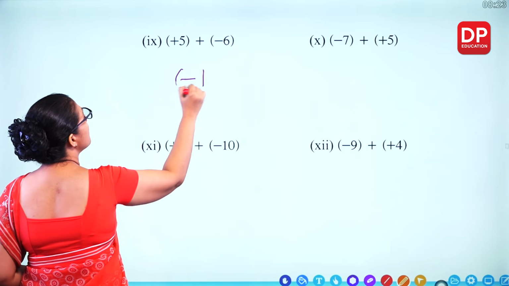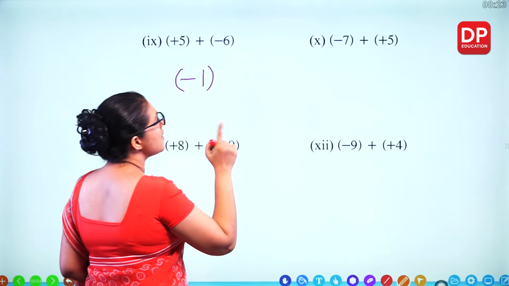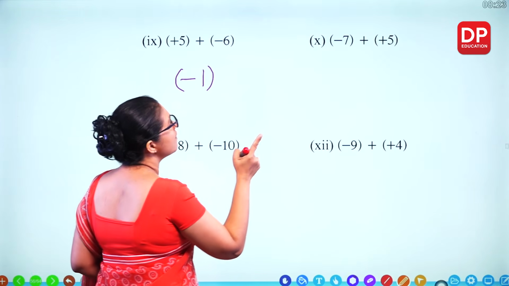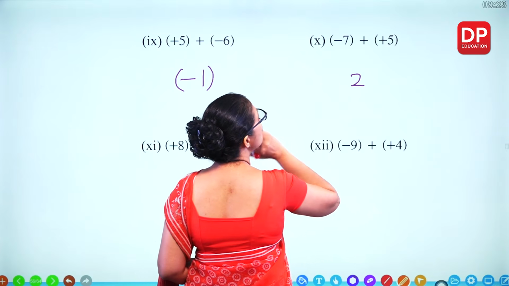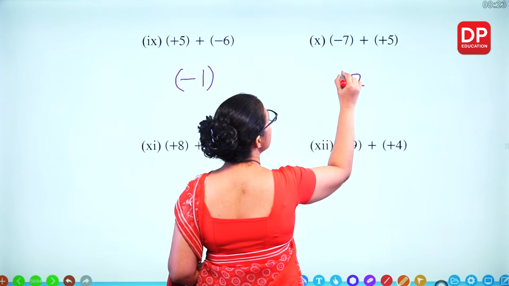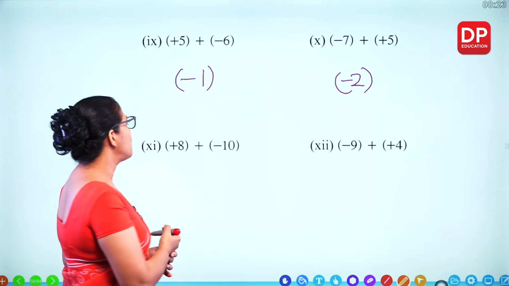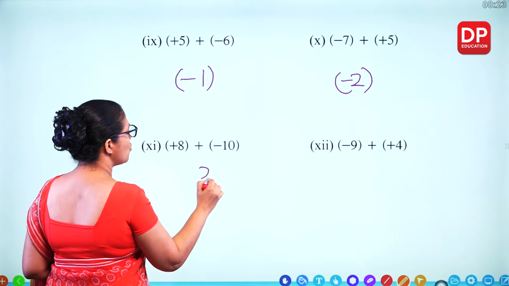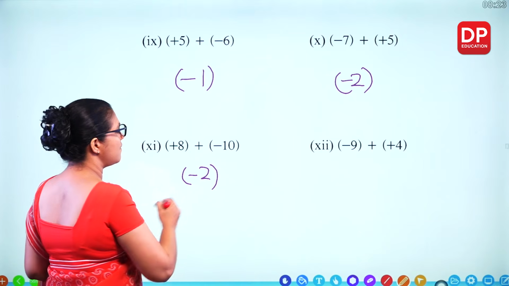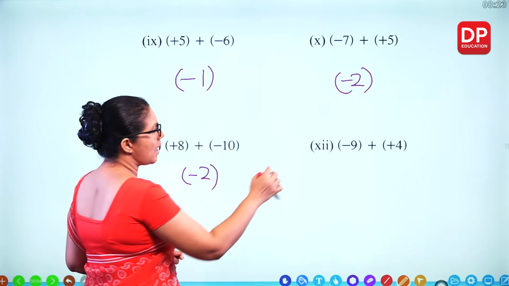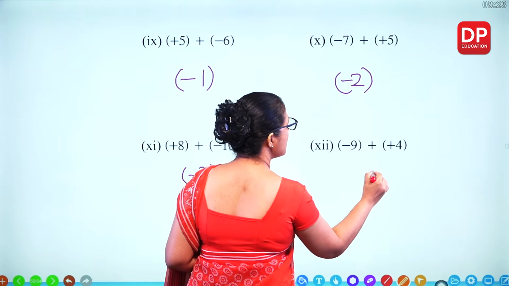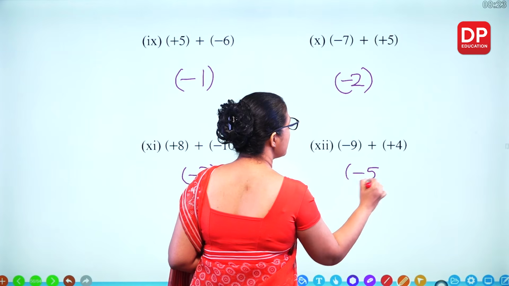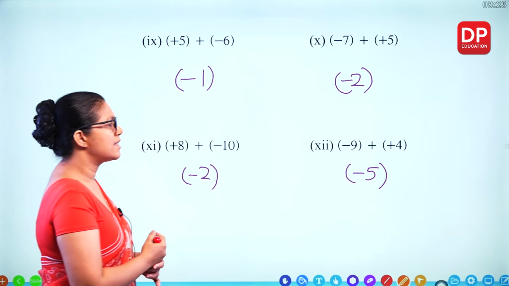Difference is 1. 7 and 5. Take the difference. It's 2. Larger number is negative. So you get negative 2. 8 and 10. Difference is 2. Larger number is negative. That's minus 2. 9 and 4. Difference is 5. Larger number is negative. So you get negative 5.